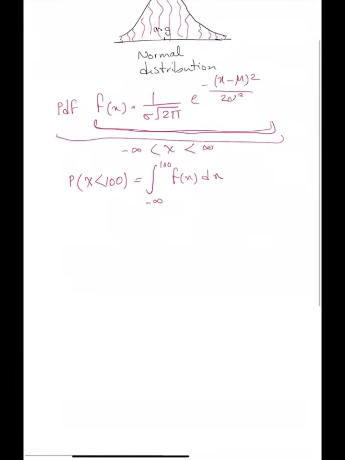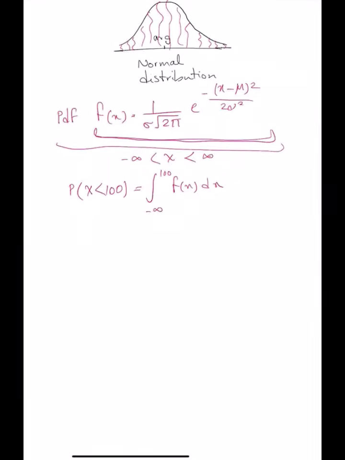That's why the statisticians have transformed this normal distribution function to what we call a normal standard. So they have transformed every normal variable to what we call a normal standard random variable. And this normal standard random variable has average 0 and standard deviation of 1, or variance of 1.